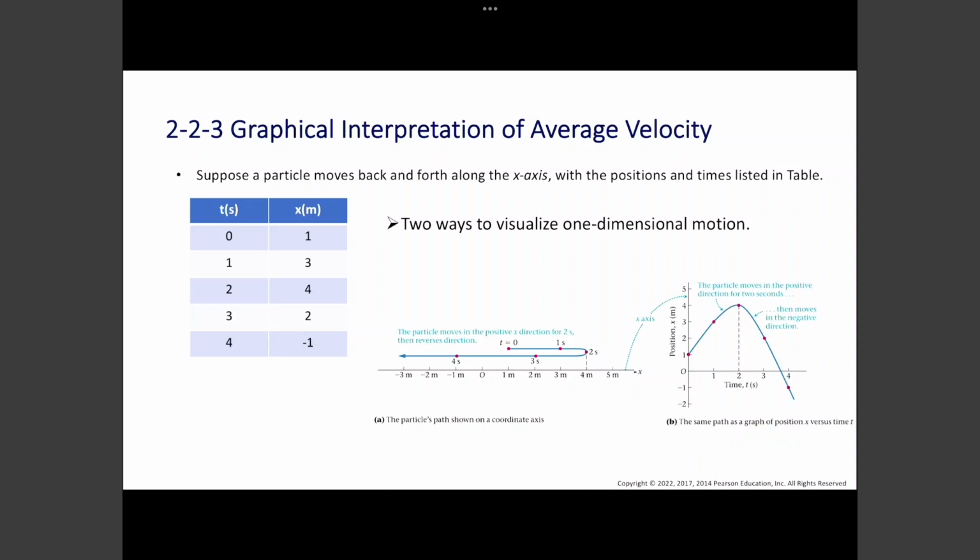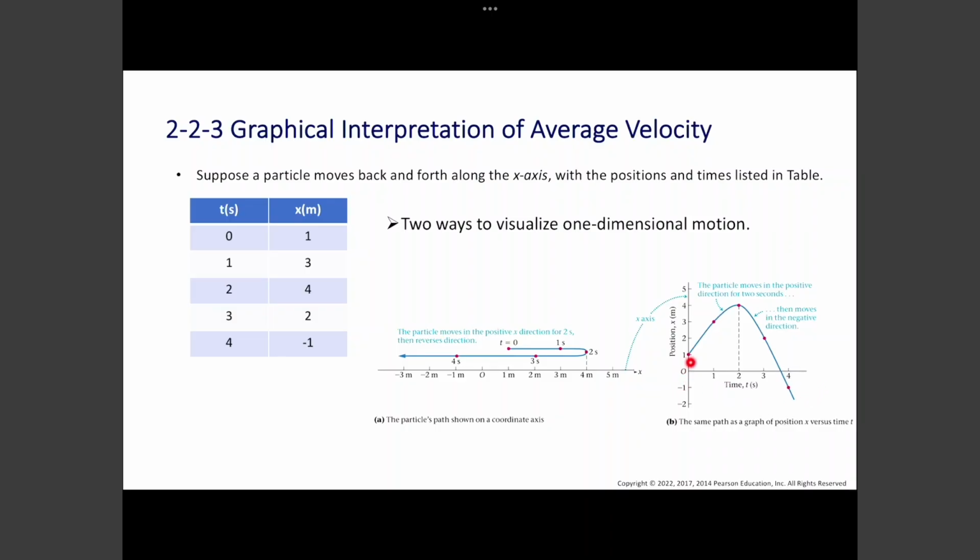So this time the vertical axis represents the position x and the horizontal axis represents the time t. This type of graph is referred to as an x versus t graph, and it makes it much easier to visualize the particle motion.